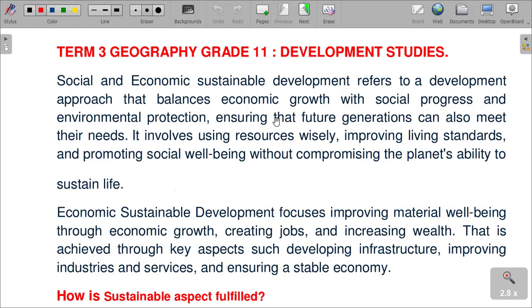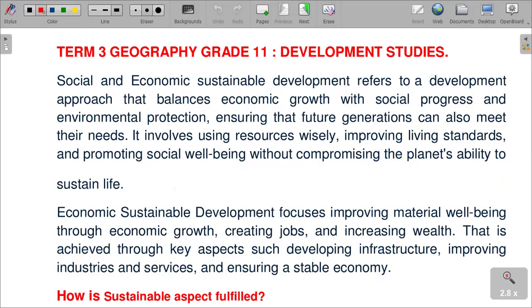So, in terms of development, it is quite important that economists, government, and every other policymaker attach economic development and social sustainable development in a way that balances both economic growth as well as social progress, not forgetting protection.